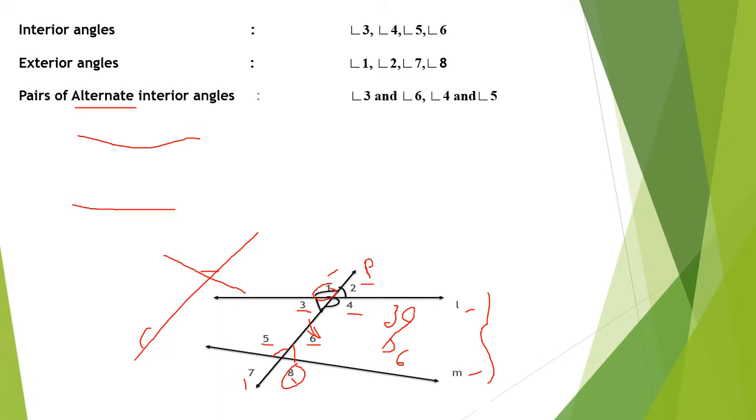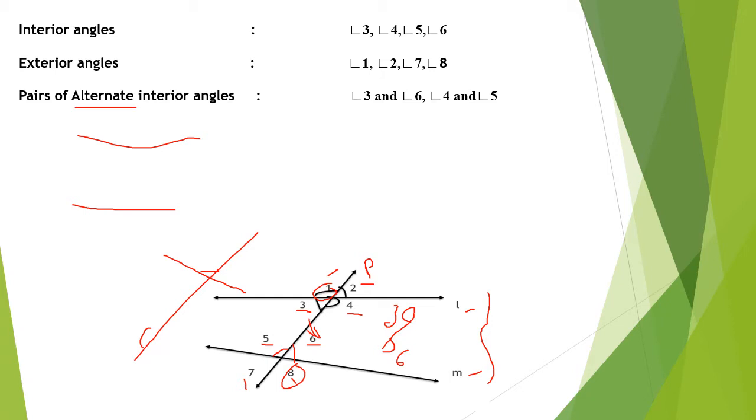Now the third one, pair of alternate interior angles. So first you find out the interior angles 3, 4 and 5, 6. Now you want to find alternate interior angles. Here this word is important, alternate interior angles. So look here, 3 and 5, 4 and 6.